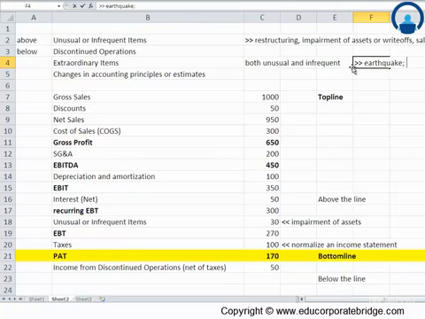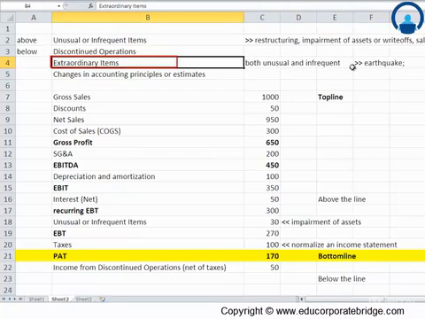Maybe another example can be the seizing of assets by a foreign government. You have assets across multiple countries, and in one of the countries your assets get seized. So any losses associated with the seizure of assets by the foreign government can also be classified as unusual or infrequent. So those are called extraordinary items.